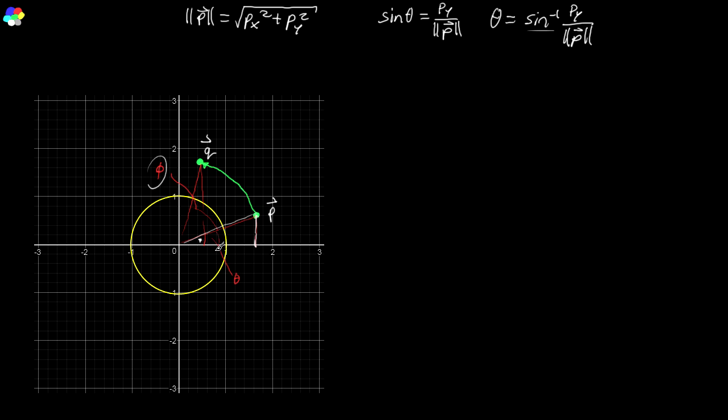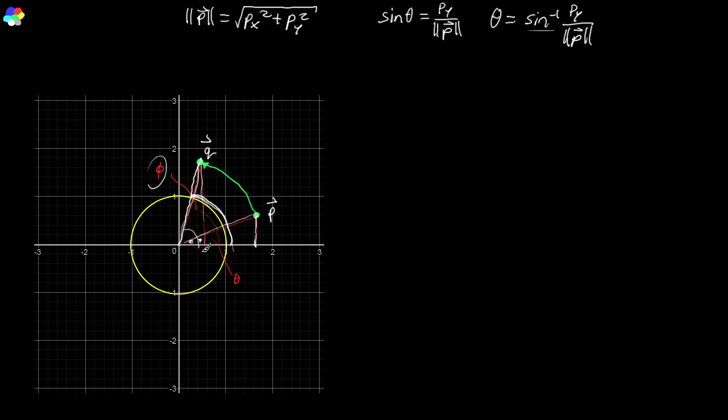So once we have theta, to get the total angle that this line here makes with the x-axis, that's just going to be theta plus phi. And once we have this total angle, we're home free, right? Because we've got this angle here, and we have this length here.